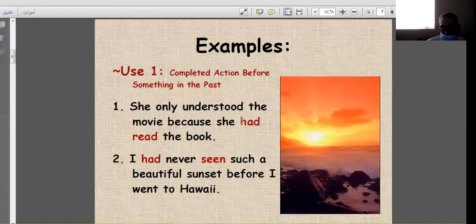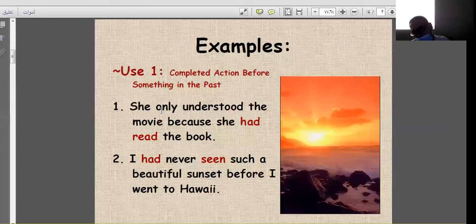First, she had read the book, then she could understand the movie. The police arrived after the thief had escaped. First, the thief escaped, ran away, and then the police arrived.